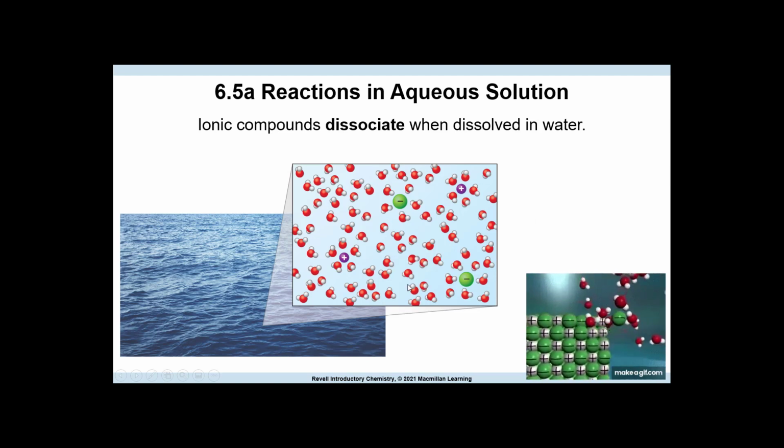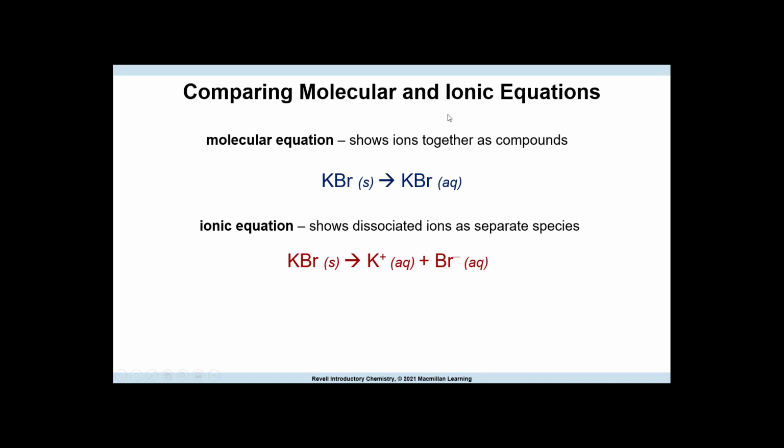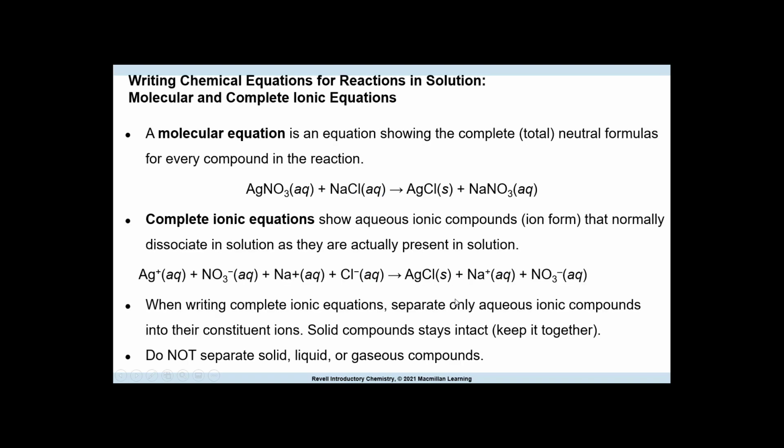They are separate, so that's why you see them as separate. But we can also write it like this, and this means the same thing. But be careful: if it's asking for molecular, you leave it intact. And if it's ionic, then anything that is a solid you do not write that way. But anything that can be in ionic form has to be in ionic form.